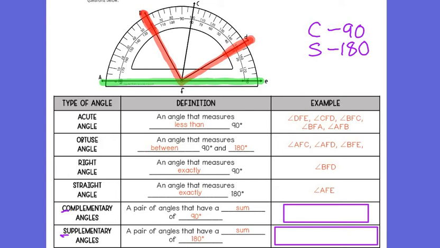If it was C, it had to be the smaller number. If it was S, it had to be the larger number. Someone else earlier today said that the S kind of looks like it's about to form an 8 for 180, and the C, you could form a 9 for the 90. There's all kinds of tricks to help remember definitions, because that was the only way I was able to remember them. Or you could just remember it.